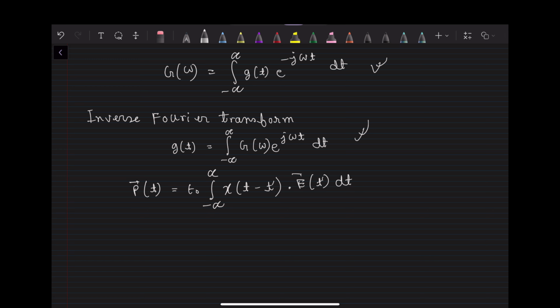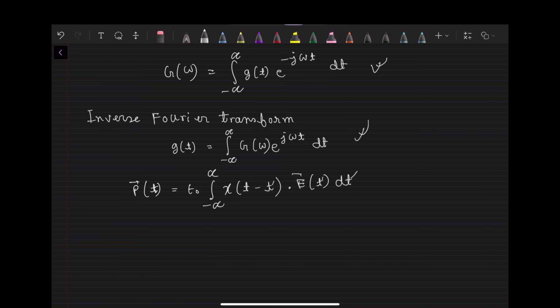So here time t dash is a variable, and it's at time t what we have effect of electric field through chi, electric field at time t dash, that can come from minus infinity to time t.